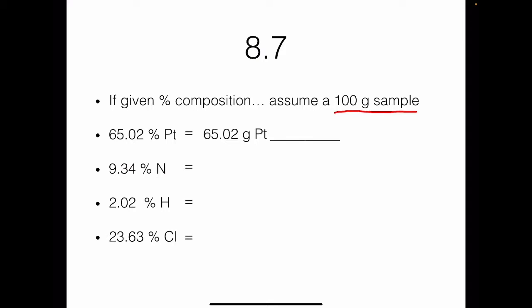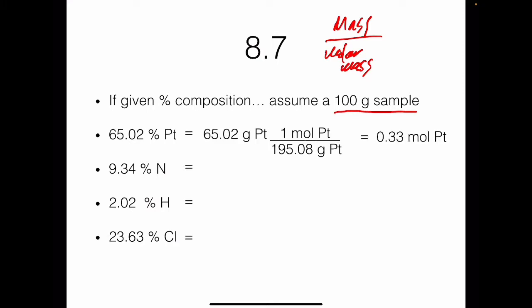I'm taking the mass and dividing it by the molar mass, and that gives you moles every time. So the molar mass of platinum from the periodic table is 195.08 grams per mole. And this comes out to, once you do the dividing, 0.33 moles of platinum.